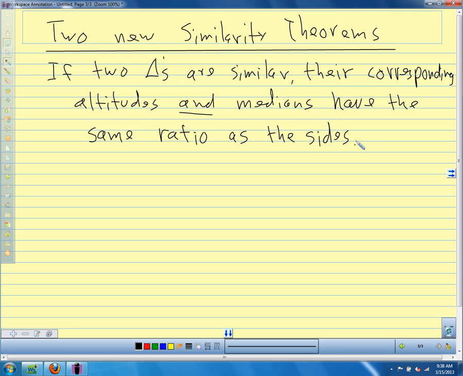So this just gives us another part of the triangle that we can set up a ratio with when we know that our triangles are similar.